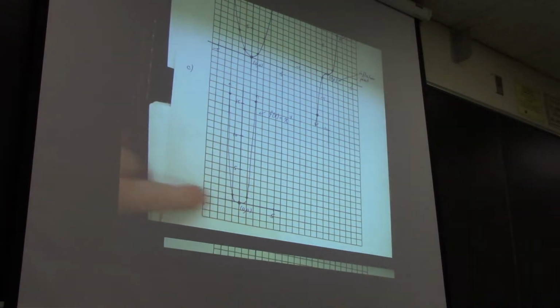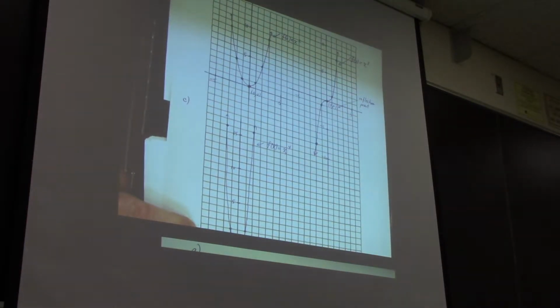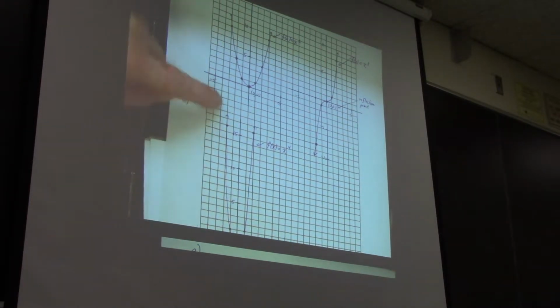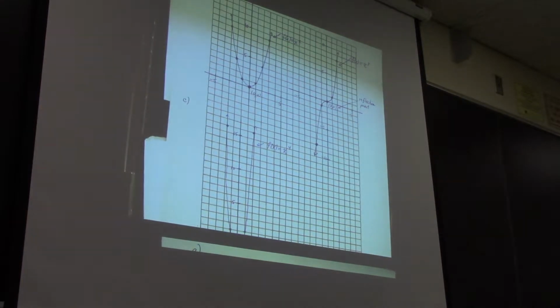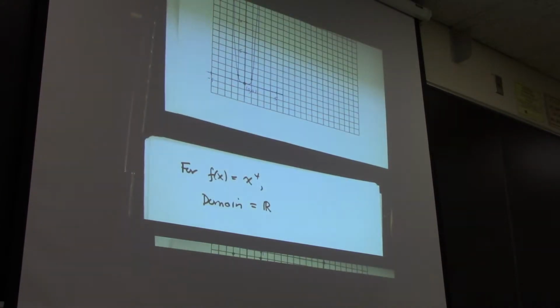I can plug in -5 for x, and whatever that is, 625 or something. So this graph goes out to the left forever, out to the right forever, even though it's kind of hard to see that. It does.